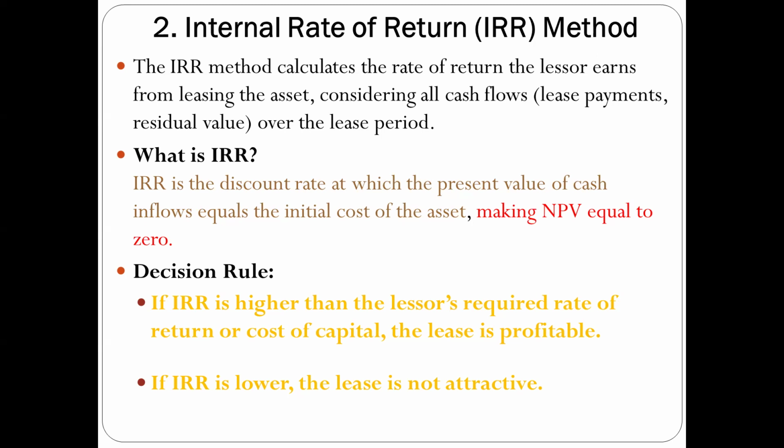The lease is earning more than what the lessor accepts, making it a good deal. Next, if the IRR is lower, the lease is not attractive. It means the lease isn't earning enough profit to make it worthwhile.